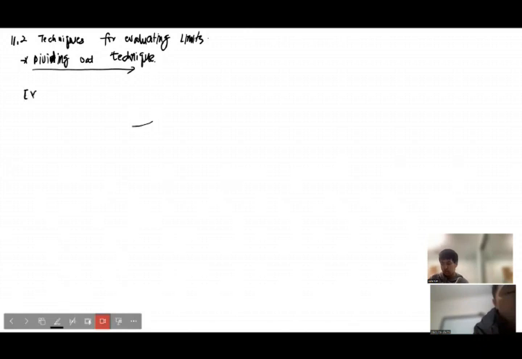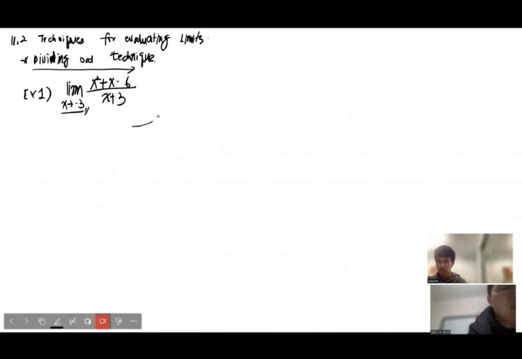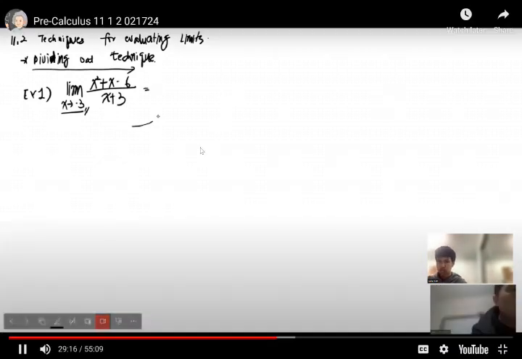Example problem number 1: there is a rational function, x squared plus x minus 6 over x plus 3, and we want to find the value of that function as x goes to minus 3. So that is the limit of x squared plus x minus 6 over x plus 3 as x goes to minus 3. Now we're going to do some rearrangement.